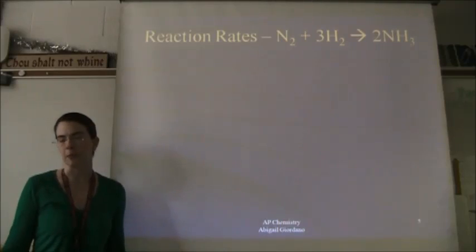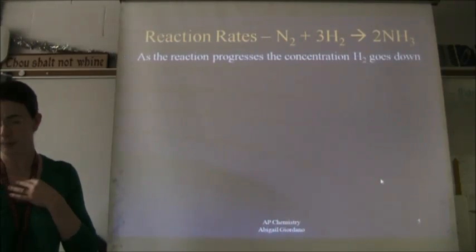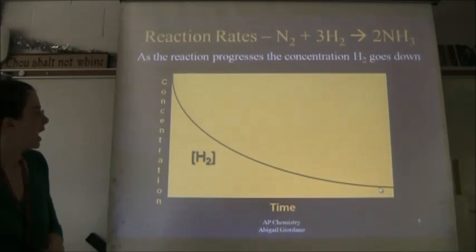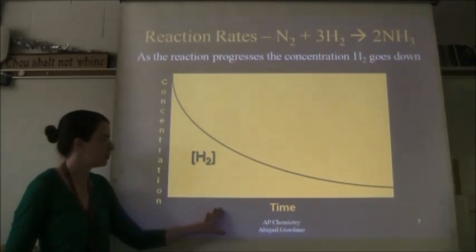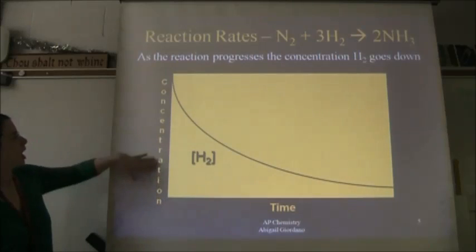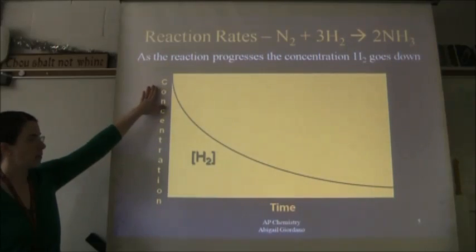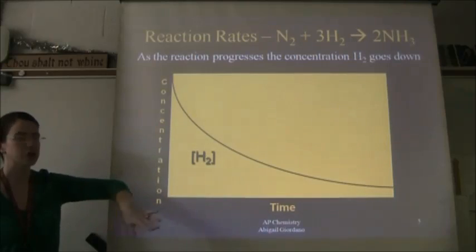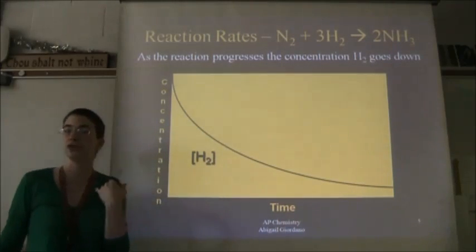So synthesis of ammonia, the Haber process, I'm going to use that as my example. And if you look at this graph, you've got time on the x, concentration, molarity on the y, and this line is showing you what happens to the concentration of one of the reactants, hydrogen, over time.